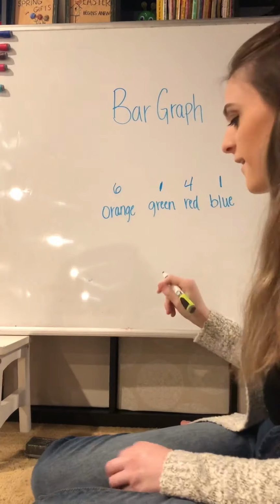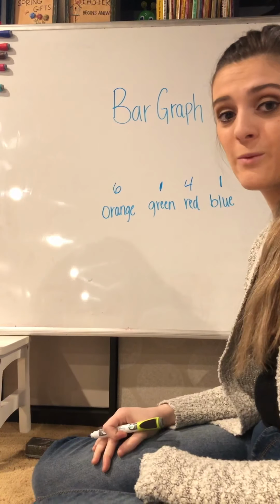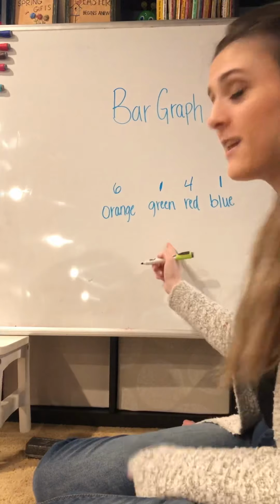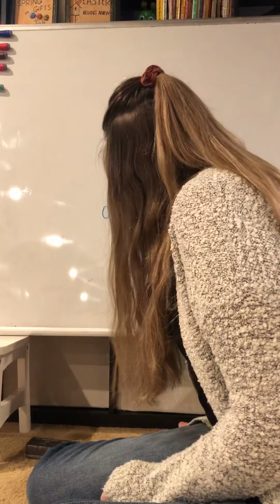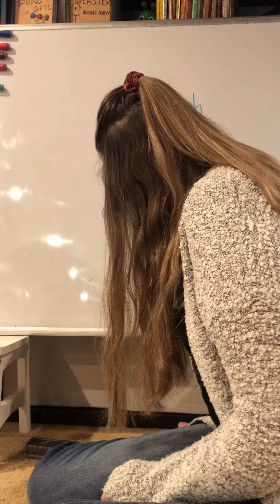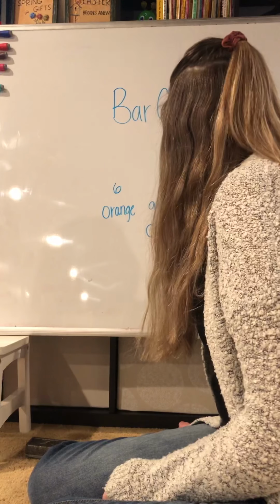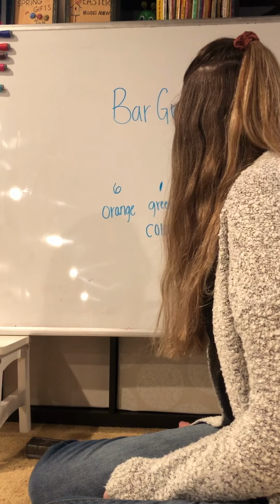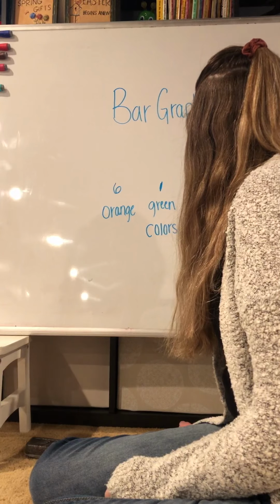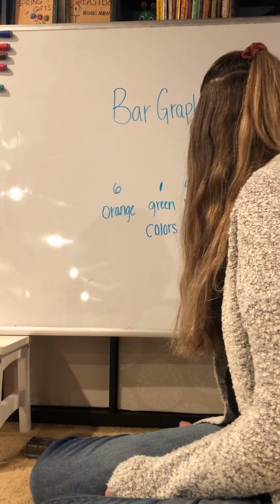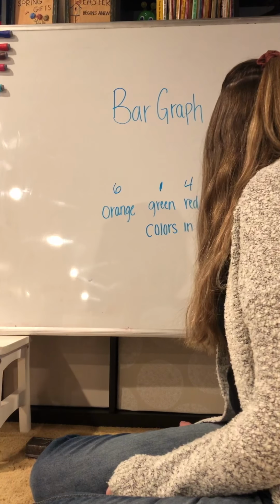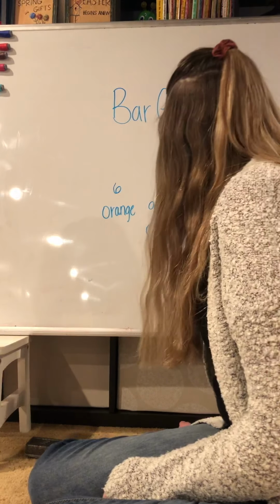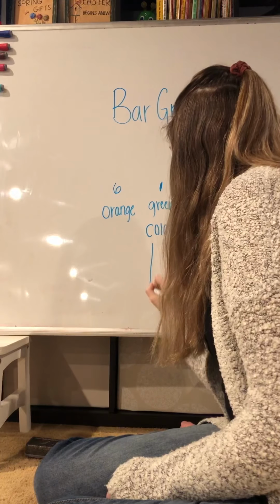For my vertical bar graph, we have to remember we're going to label our bar graph. We're going to give it a title, and we'll say colors in my refrigerator. And then we're going to draw our graph.